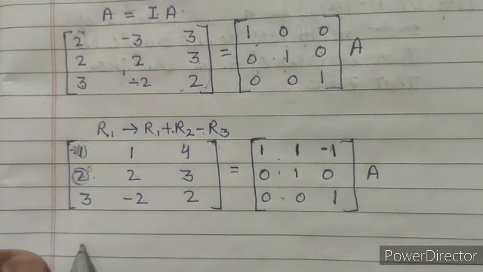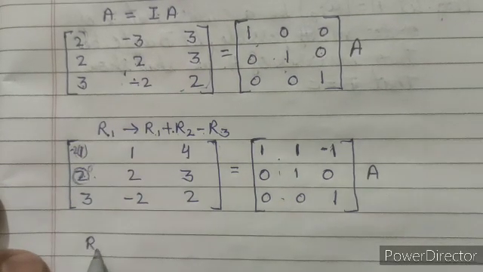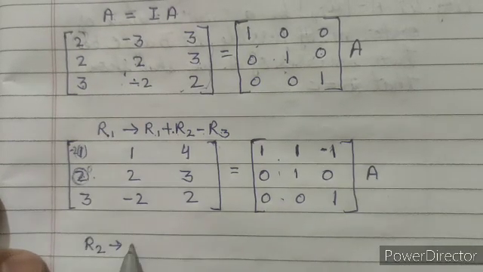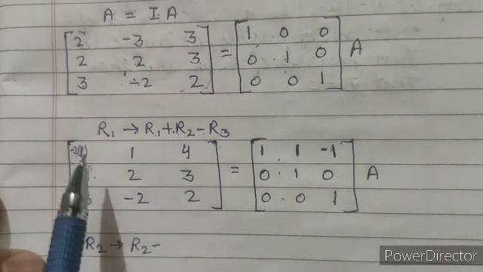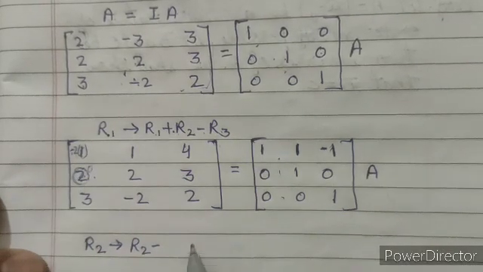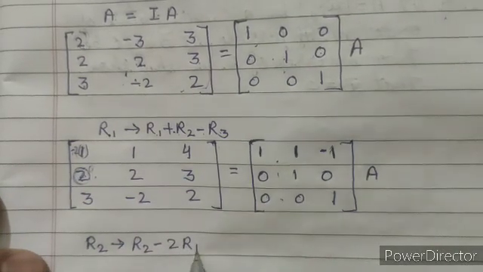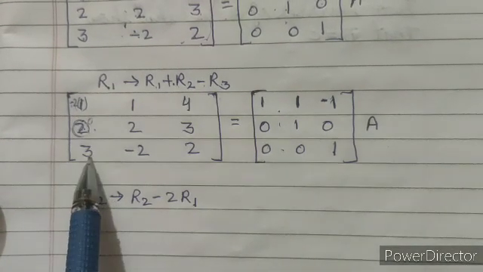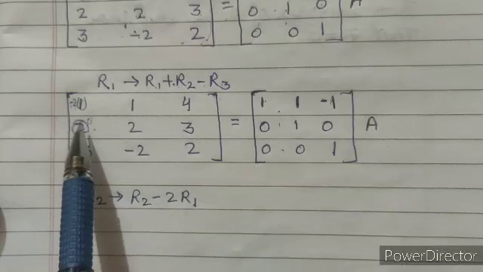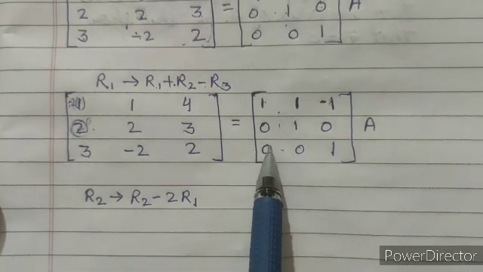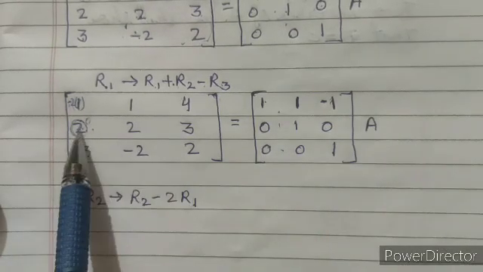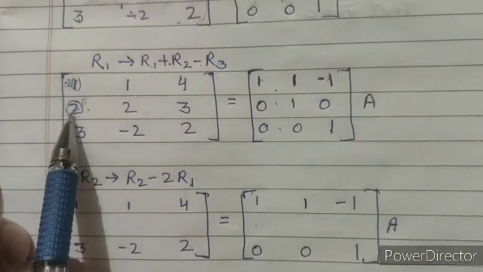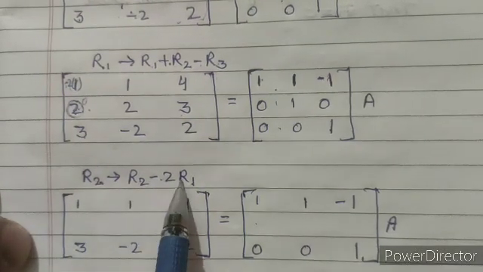That means we have to apply the transformation as R2 changes to R2 minus 2 into R1. Now again, row 1 and row 3 in both left hand side and right hand side will remain unchanged. We will change only row 2. Now row 2 will be row 2 minus 2 row 1.